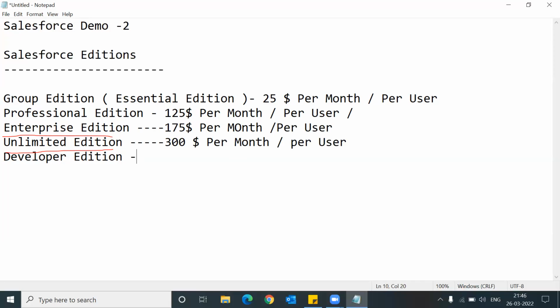This edition is the developer edition, free of cost, for practice purposes. Whether you are a fresher or experienced, everyone has a developer edition, even if you work in a company, for practice, because we are always doing new things in Salesforce. We have different modules, and modules keep coming.